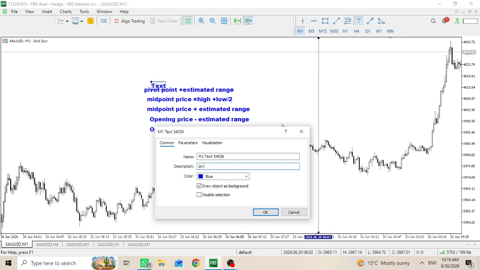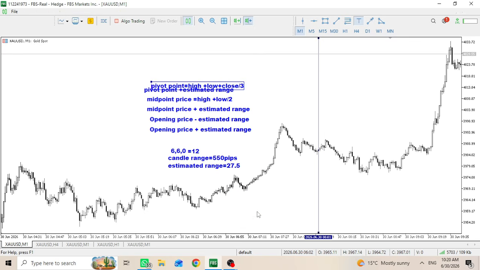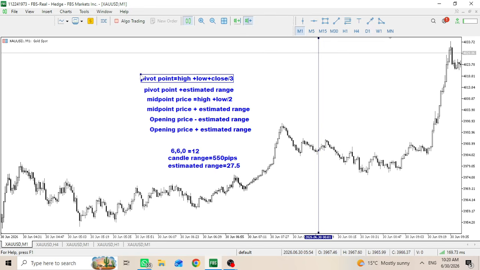Pivot point is high plus low plus closing, then you divide by 3. That is what you should be doing.